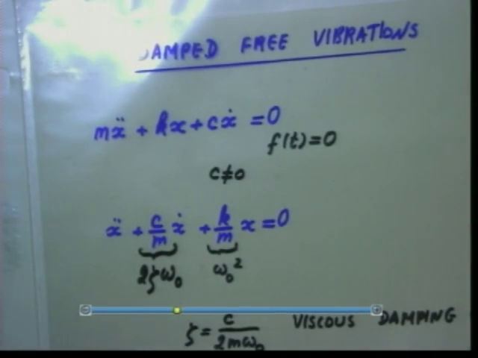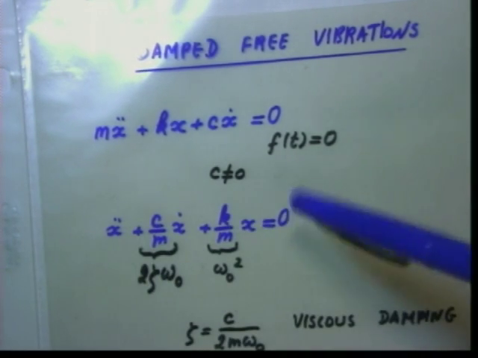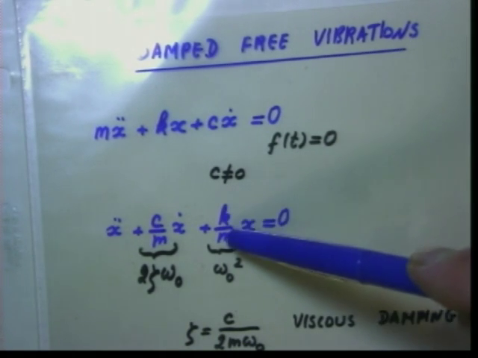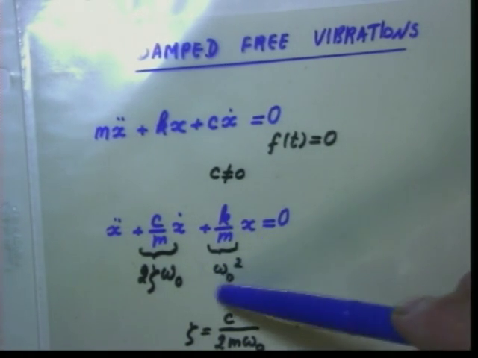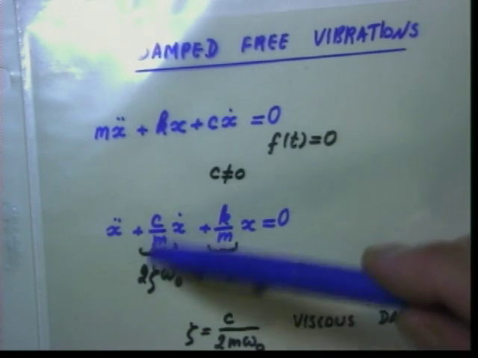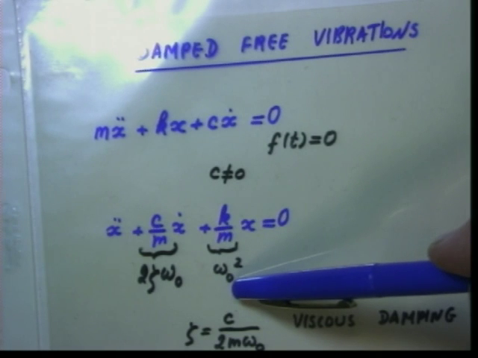This is the governing differential equation. The load f of t equals 0, so damping C is not 0. We divided the whole left-hand side and right-hand side by m, the mass. Here we got k over m, which is the natural frequency squared. Had there been no damping, the natural frequency would be omega sub 0.